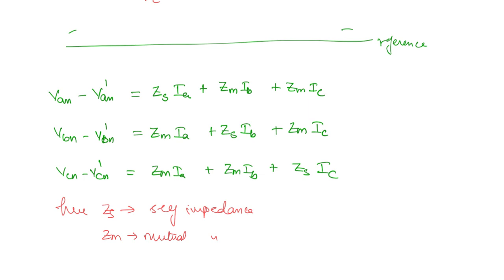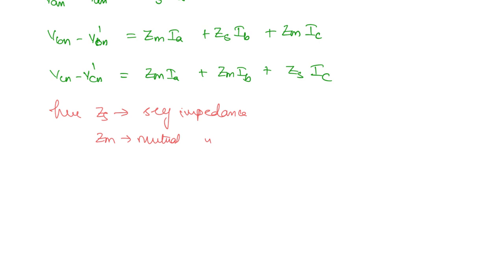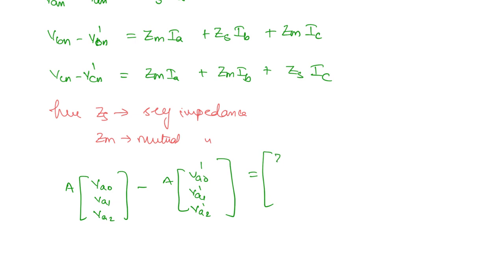Now these three equations that we have here are in terms of the original phasors. Now we will express them in terms of the symmetrical components. Then what you are going to get is A into VA0, VA1, VA2 minus A into VA0 dash, VA1 dash, VA2 dash, equal to the matrix with ZS, ZM, ZM in the first row, ZM, ZS, and again ZM in the second row, and finally the last row, times A into IA0, IA1, IA2, in terms of symmetrical components instead of IA, IB and IC.